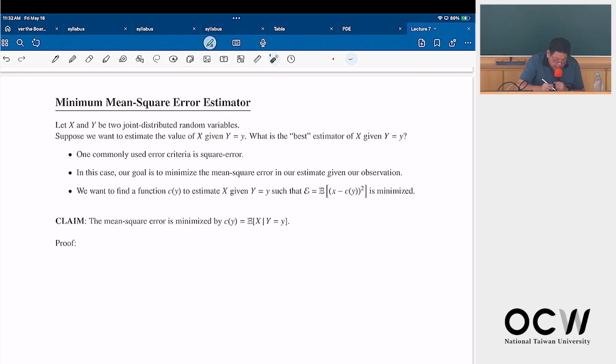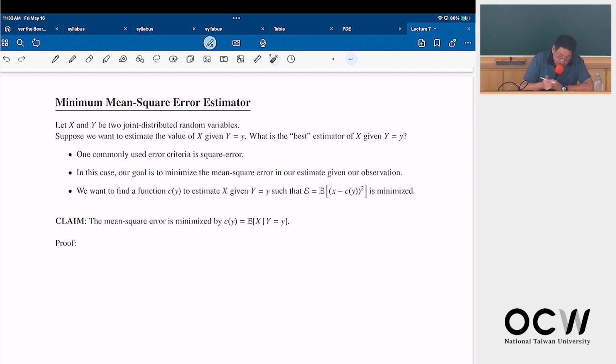Then what is the best estimator of X given Y equals an assigned value? One commonly used error criterion is the square error. And in this case, we try to minimize the mean square error in our estimate given our observation.